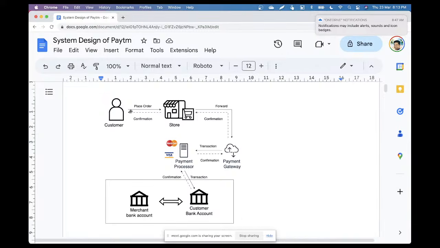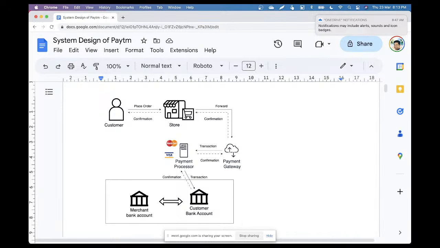But yes, mostly what happens when you confirm your order is that the online store forwards the request to the payment gateway. Now the payment gateway is responsible for validating the information, and it shares the information with payment processors.